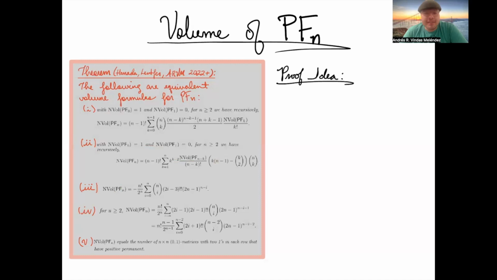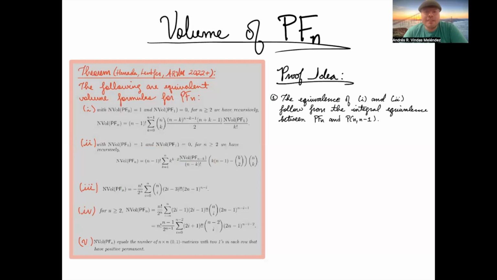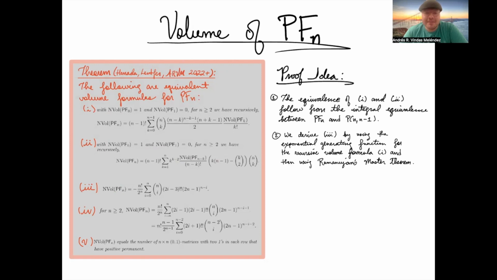So what's the proof idea? The first one is we show the equivalence of 1 and 2. This follows from the proposition that I mentioned earlier, that there is an integral equivalence between the classical parking function polytope and this specific partial permutahedron.